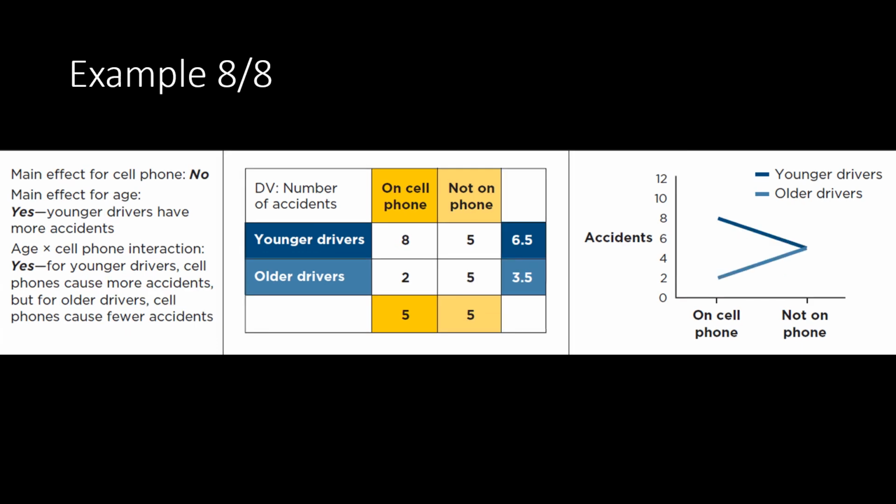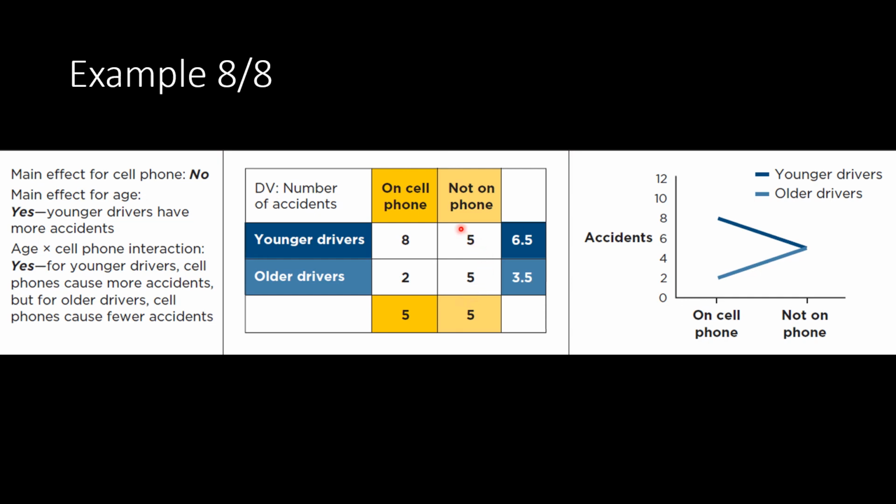Finally, here we can see sort of a reversal, but in another way, the same type of thing we talked about in the last one, where we have no main effect this time of cell phone usage, right? People on their phone versus not have about the same number of accidents, but there is a main effect of age, where younger drivers have more accidents than older drivers. Now, the relationship is also different here.